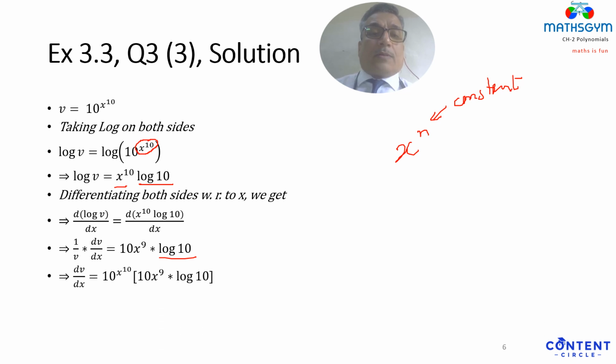Transposing v to the other side, which is 10 to the power x to the power 10, we have replaced this v and transposed it onto the other side. It is 10 to the power x to the power 10 into 10 x to the power 9 into log 10. So that's your final expression for dv by dx.